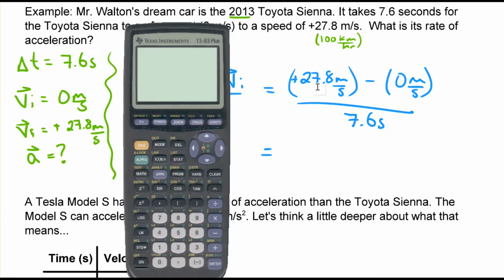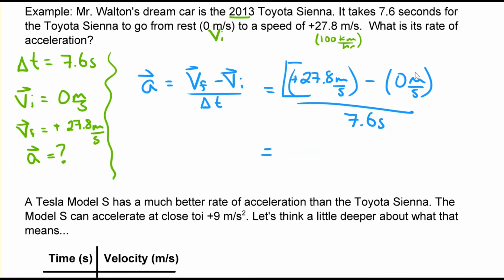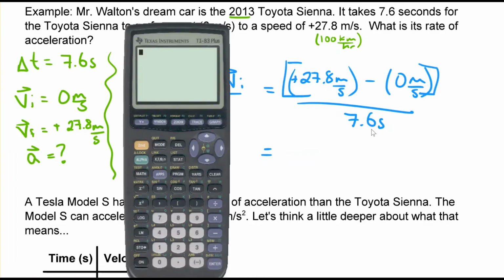Whenever I have 2 things being divided by 1 thing, I need to use brackets appropriately. I need you to understand that both the 27.8 and the 0 are being divided by 7.6. So we should do the top calculation first and then divide by 7.6, or put a big set of brackets on the top.